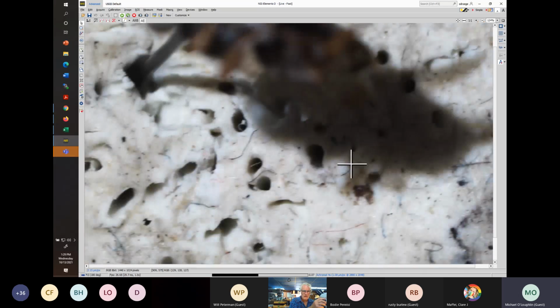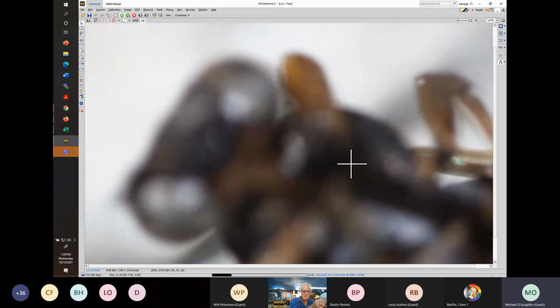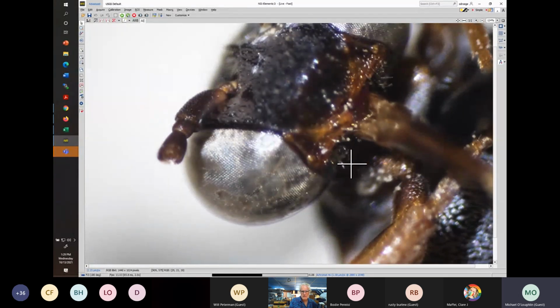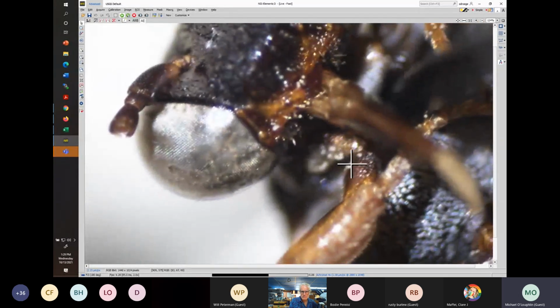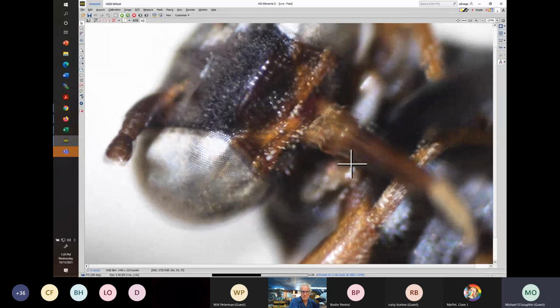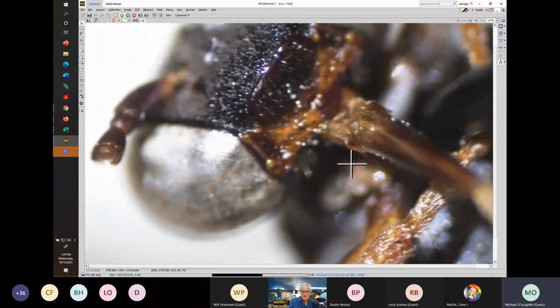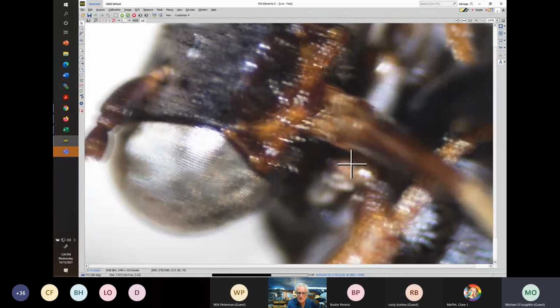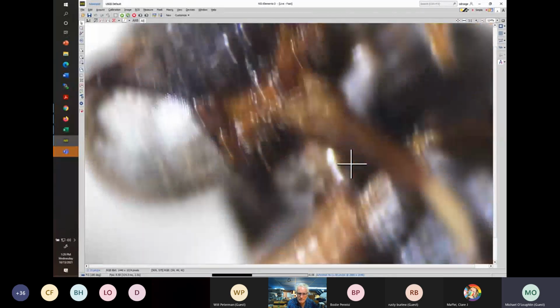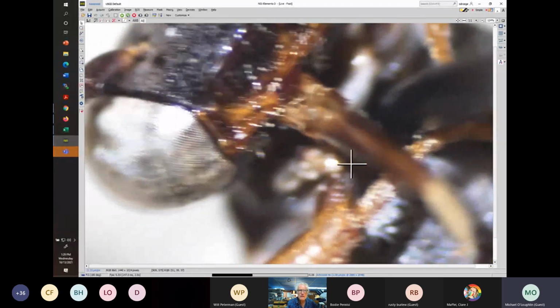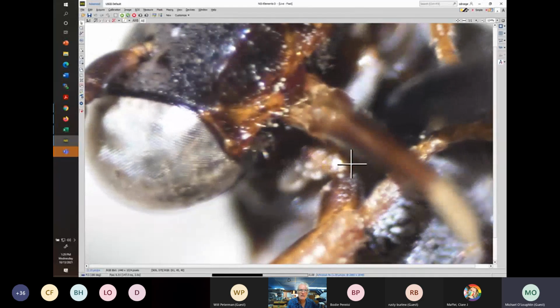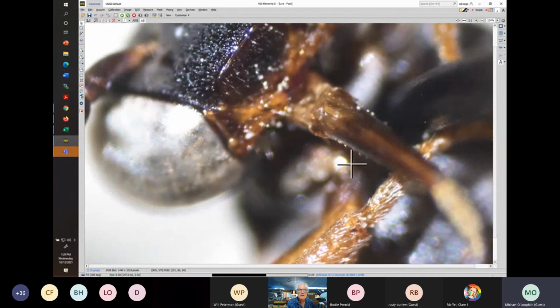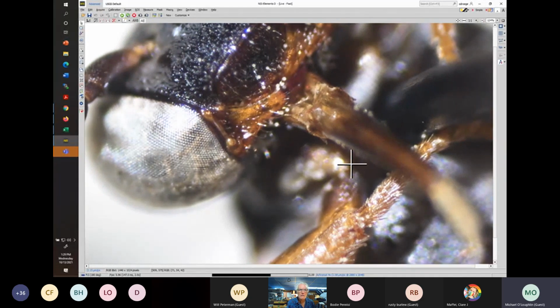At some point we will stop doing this, but darn it, I want to see a tooth or not and be clear about it. It's so goopy down there and small. So this may be class homework to see if you can see teeth on these mandibles, because gosh, I just can't.